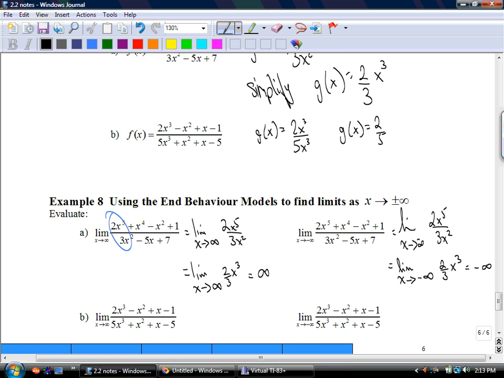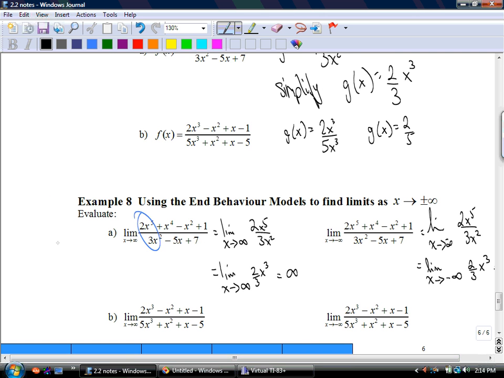What it's saying is as I go out to the right, to positive infinity, the graph climbs up and up and up. And as I go out to negative infinity, what happens to the graph? It gets smaller and smaller and smaller.